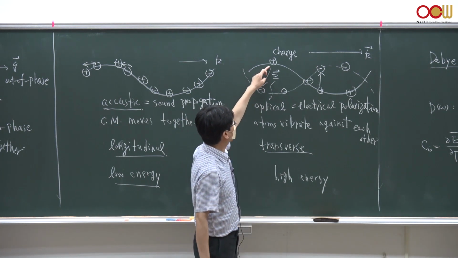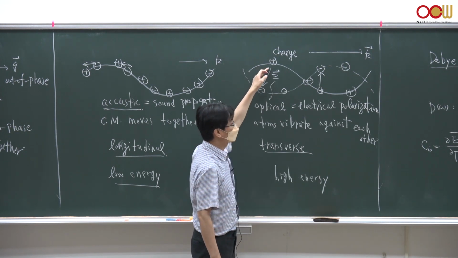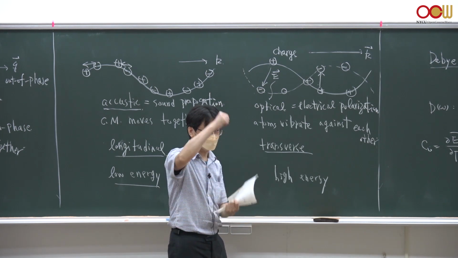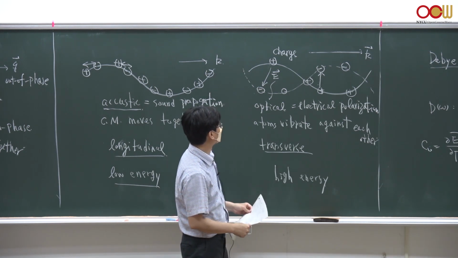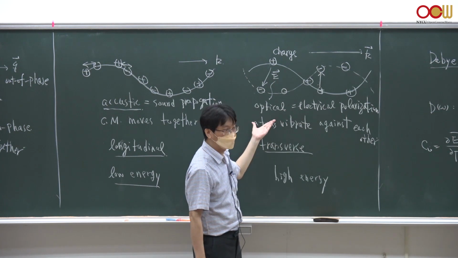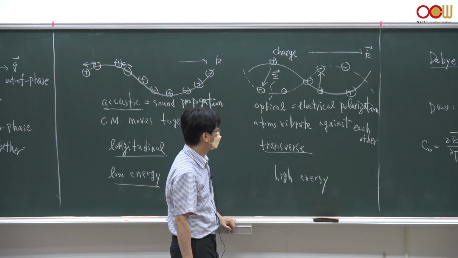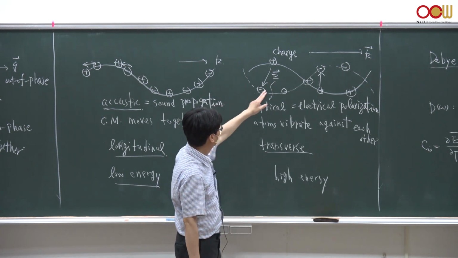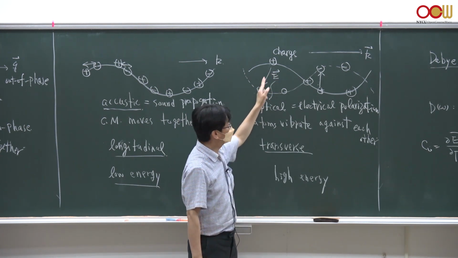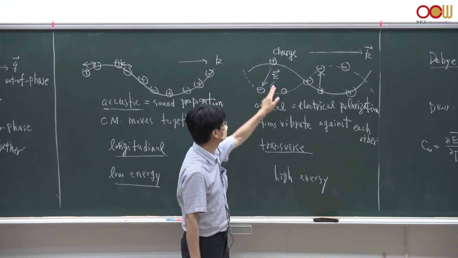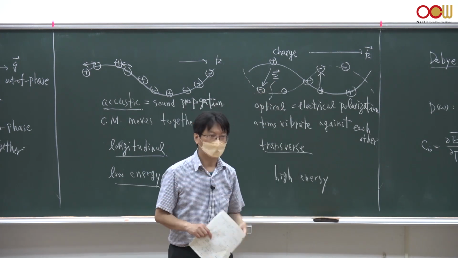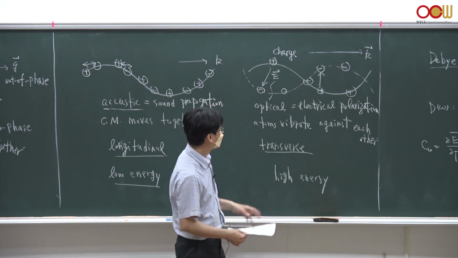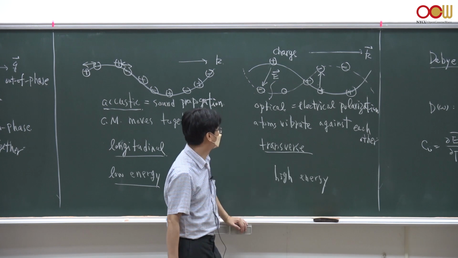So effectively, when they carry charge, there is electrical polarization associated with such an out of phase vibration, and that is the reason why we call this the optical phonon, because optics means that we have electromagnetic waves. Since we generate electrical polarization, there is an electric field, and therefore it is related to the electromagnetic wave, namely the optical phonon.